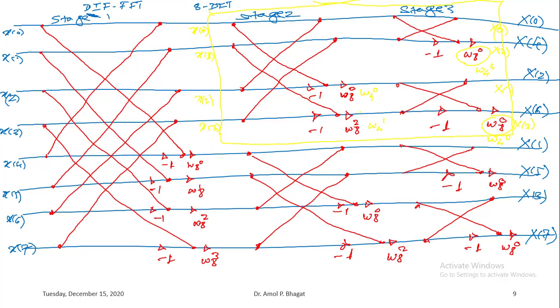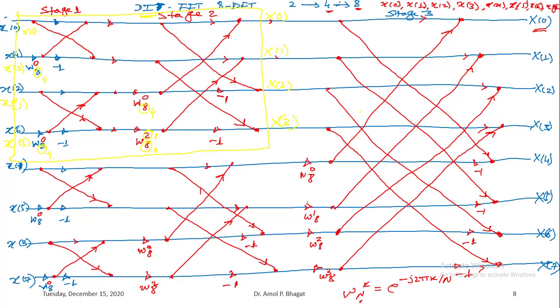So see, we have seen these two approaches, that is DIT FFT and DIF FFT, correct? When you are going for DIT FFT, the Twiddle factors are multiplied in inputs, right? Initially 2-point DFT will be computed, then 4-point, and then finally 8-point DFT will be computed, right?